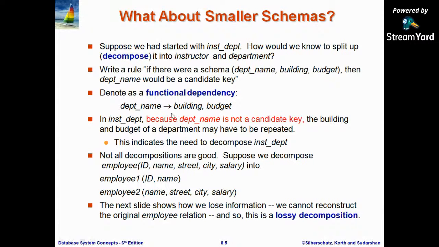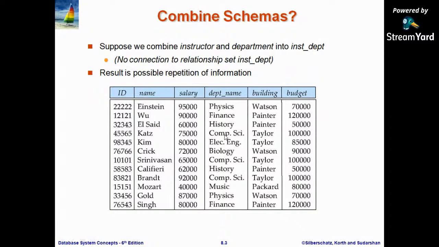We will be learning functional dependency in detail, but whenever a functional dependency holds for a particular table, the left hand side of the functional dependency should be a key. Then only will that relationship lead to a good design. Because department name, the left hand side of the functional dependency, is not a key, you are finding multiple entries. If it is not a key, this relationship is not a good design.